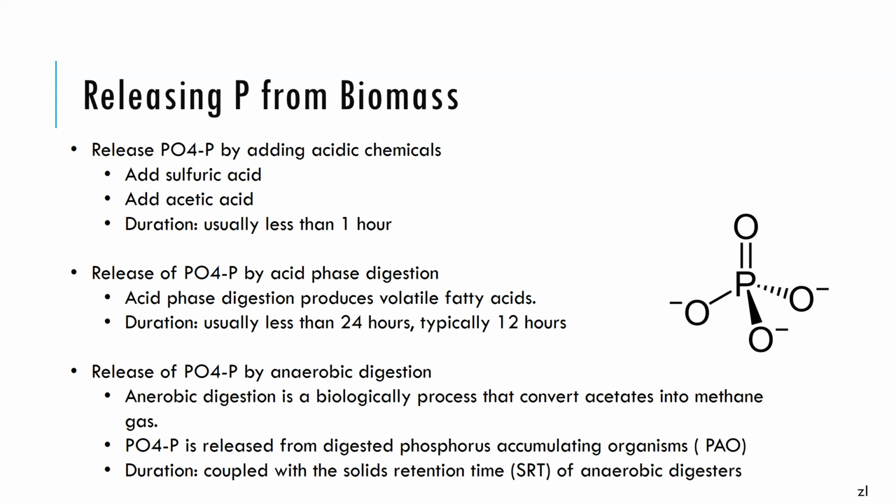All three processes have been commercially applied in large or small treatment facilities, but most commonly, the release of the phosphorus is achieved by either acid phase digestion or anaerobic digestion. Adding acidic chemicals can be a very effective but costly approach, but it may make a lot of sense for certain industrial treatment processes. Next slide, please.